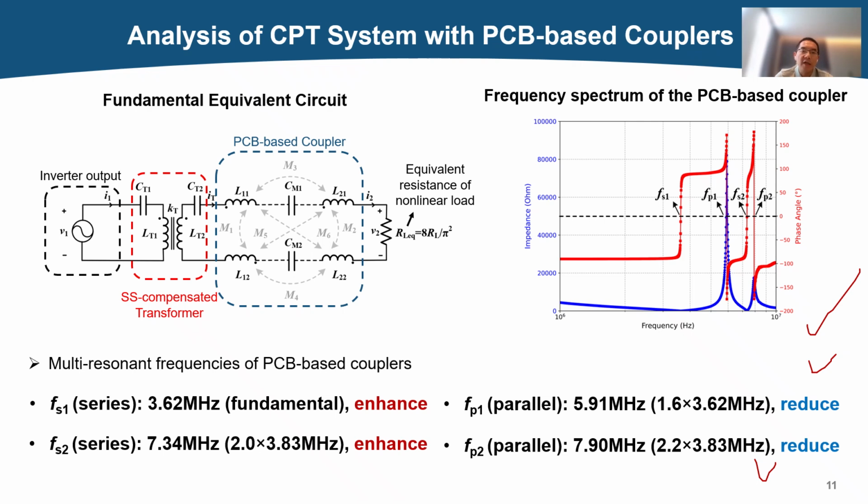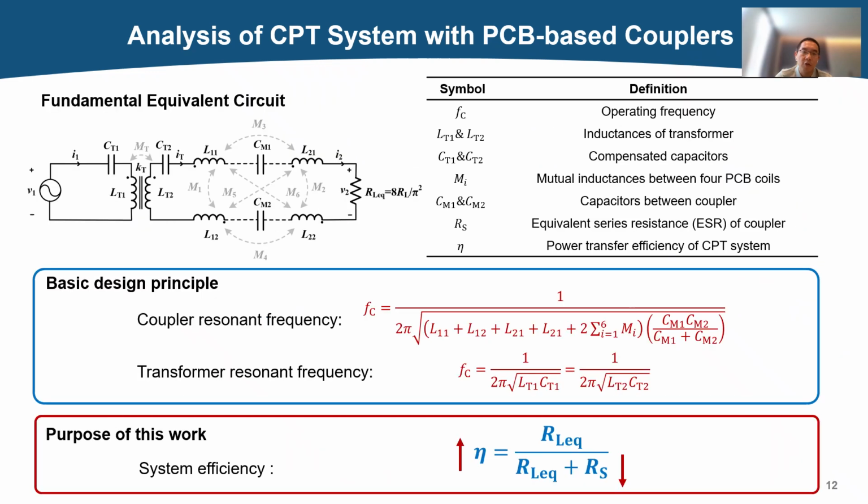The inclusion of the SS compensated transformer is crucial for filtering out the second series resonant frequency at 7.34 MHz. Without this filter, power at this frequency would also propagate through the CPT coupler, potentially affecting system performance and power quality.